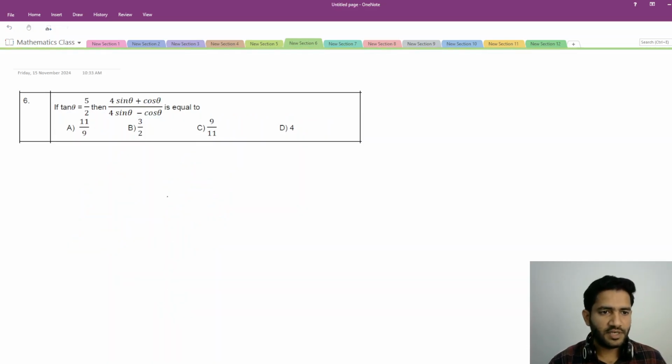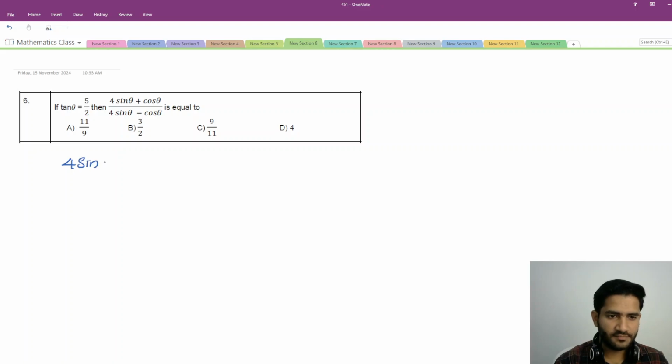So next one from the trigonometry. Tan theta is given as 5 by 2. Find 4 sin theta plus cos theta by 4 sin theta minus cos theta. We have so many methods to solve this one.